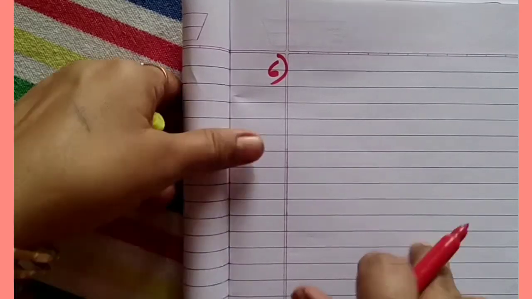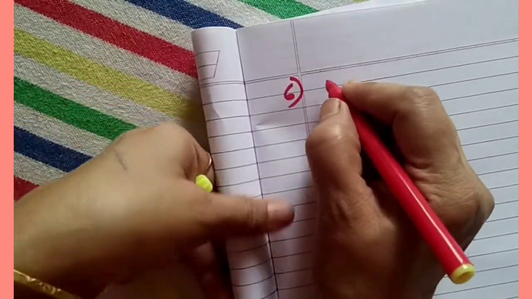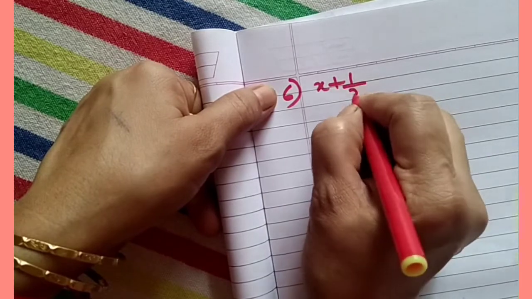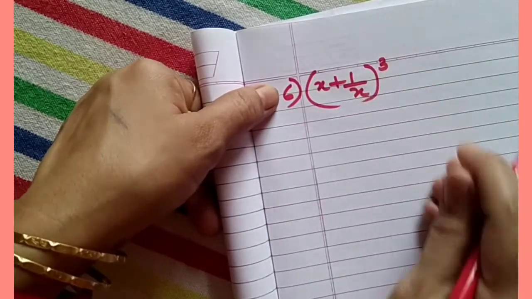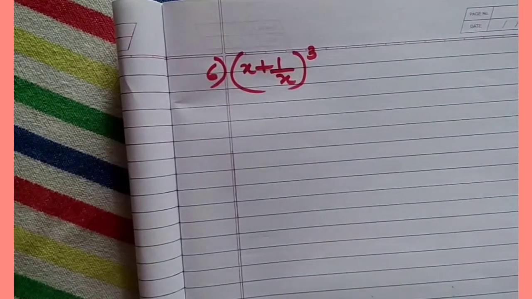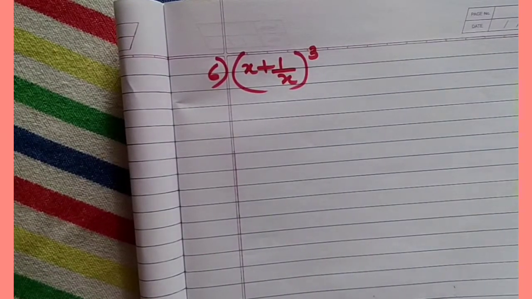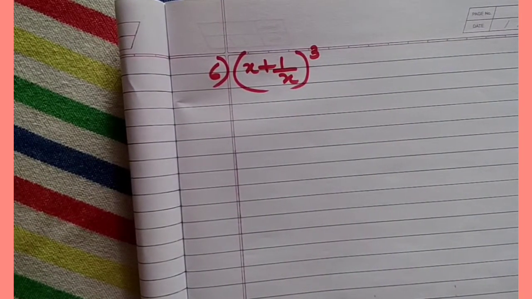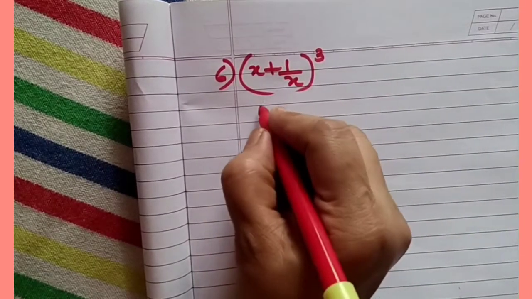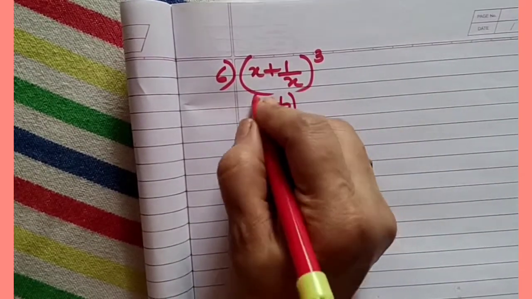So now this sum number 6 is x plus 1 upon x whole cube. This is the sum, x plus 1 upon x whole cube. So first, which formula are we going to use? We are going to use the formula of a plus b whole cube.